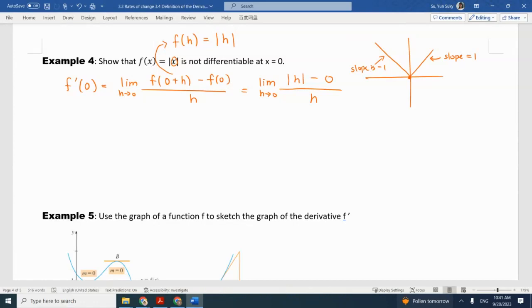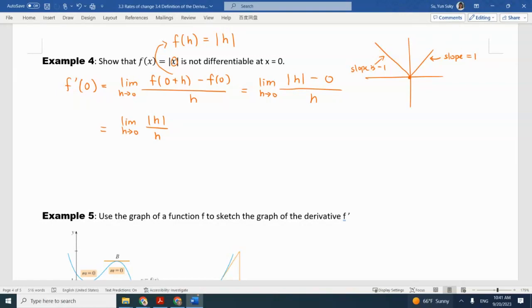This is why you get absolute value of h. Is that okay, everybody? You erase the x and then replace by h. And when you subtract 0, it's just absolute value of h over h.